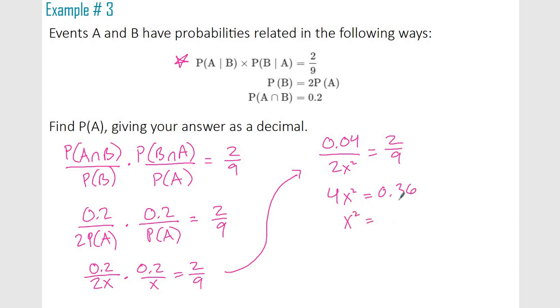Divide by 4, we get 0.09, and we get x equals, technically it's plus or minus 0.3, but my probability can't be negative, okay? Oh, not 0.03, 0.09, the square root of 0.09 is 0.3. And since it can't be negative, this is a probability, it has to be positive, we only care about the positive one.